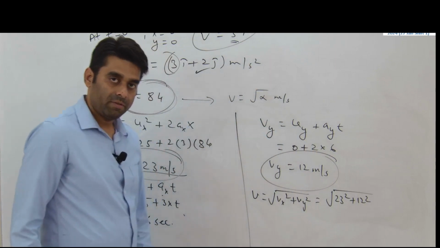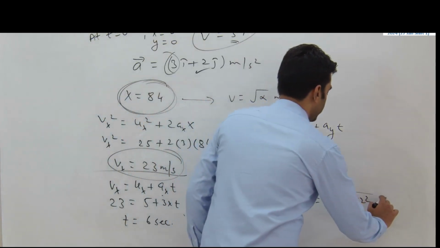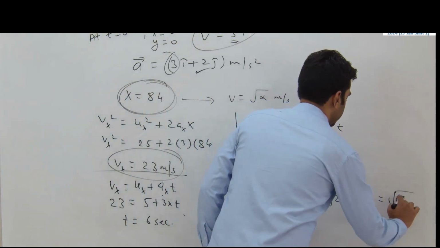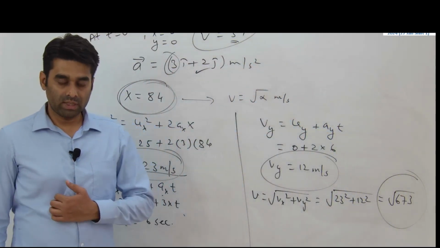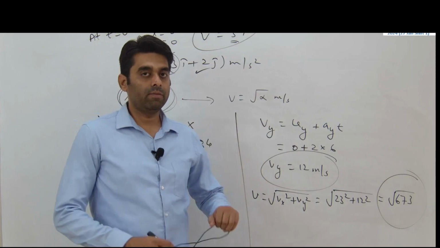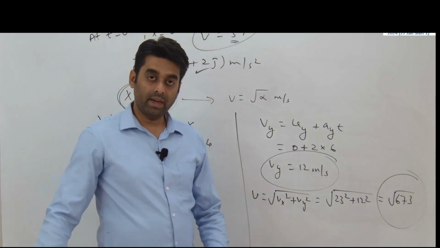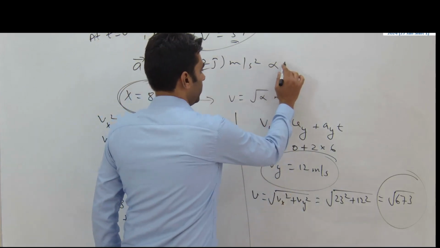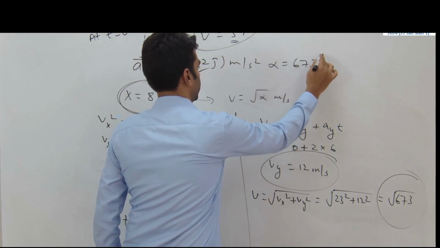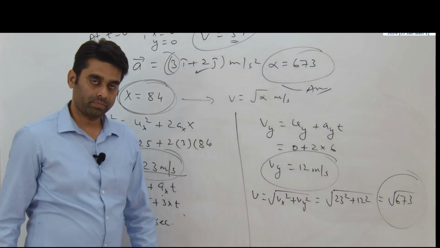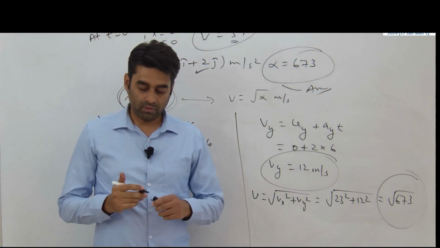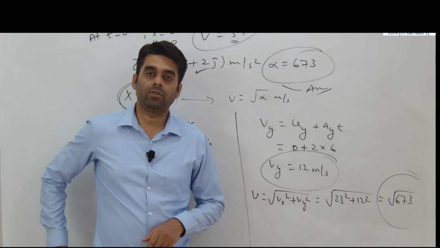When you simplify this, the answer will come out to be root over 673. Therefore, what can we say? That basically the alpha value will be 673. Answer.